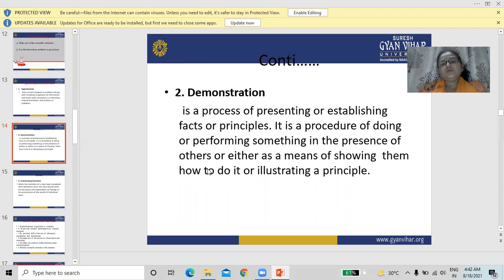It is a procedure of doing or performing something in the presence of others, either as a means of showing them how to do it or illustrating a principle.